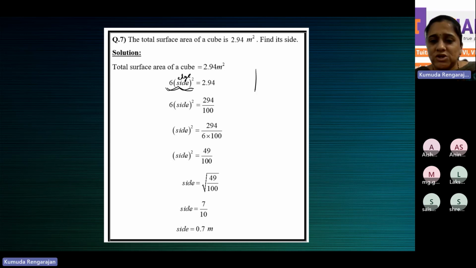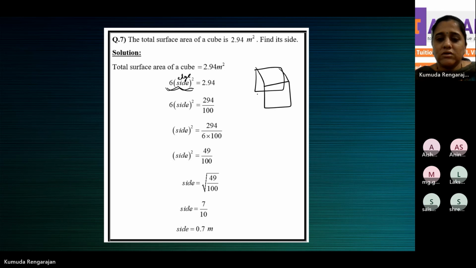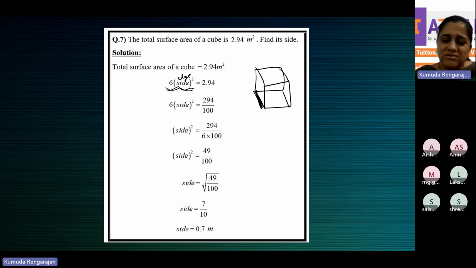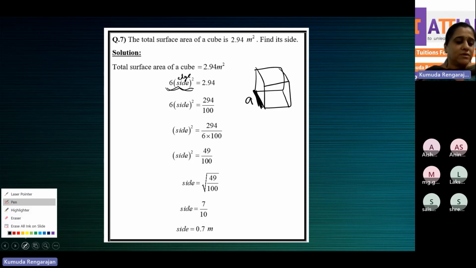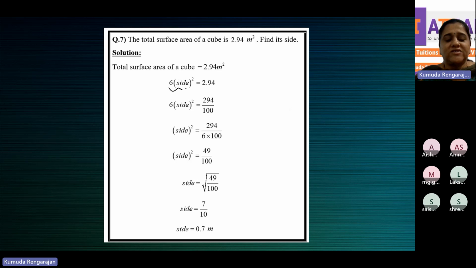For a cube, this is called the edge of the cube, or sometimes the side of the cube, or A, all the same. So 6 into side square is equal to 2.94.